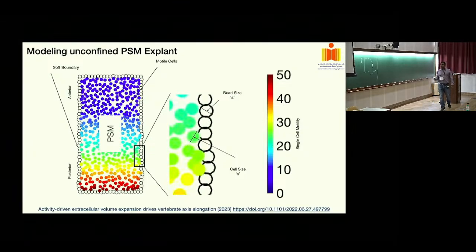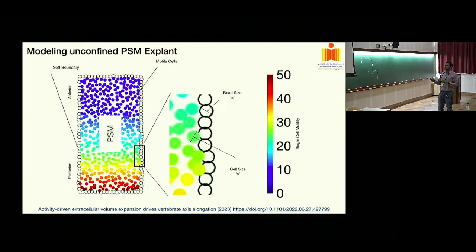Till now, we were using a rigid boundary condition at the anterior end, a rigid wall. In the lateral direction, we used a periodic boundary condition. And at the posterior end, we used a spring to model the tail bud.